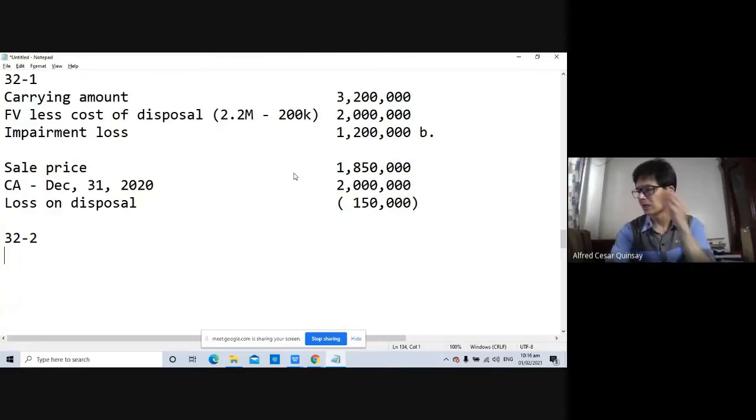So madali lang yan. Ikaw, kaya mong gawin yan. Sige nga, gawin mo, 2 minutes lang. Gawin mo lang pattern yung sa taas. Kahit yung number 1 lang.